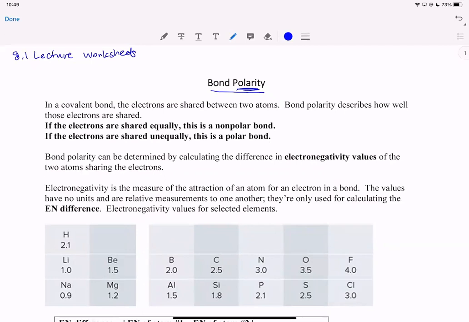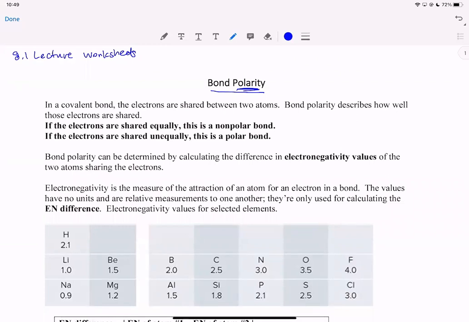That's because bond polarity is only the electrons in one bond, those two electrons, compared to molecule polarity, which is the electrons in the entire molecule. Polarity is used in both because it describes where the electrons are. Are they on poles or are they even?